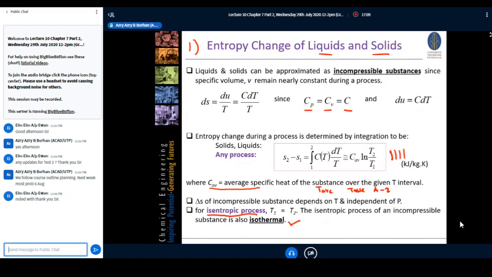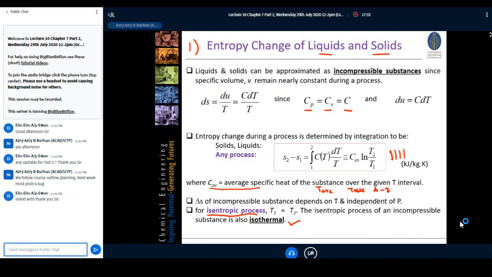And so that's why you have C average ln T2 over T1. Okay, so T average will give you C average from your Table A2. You can check from your table, so that will give you a series of Cp, Cv, or even C values for any type of substance.